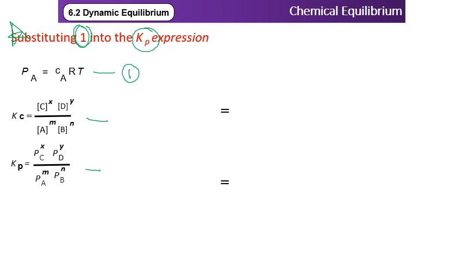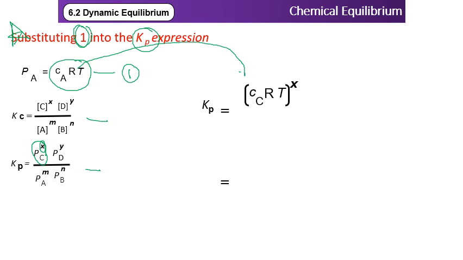So let's start with the Kp expression. Okay, so now we check here. This is partial pressure C raised to the power of x. Because we will replace the partial pressure C with this, here we will see concentration of C times RT to the power of x.